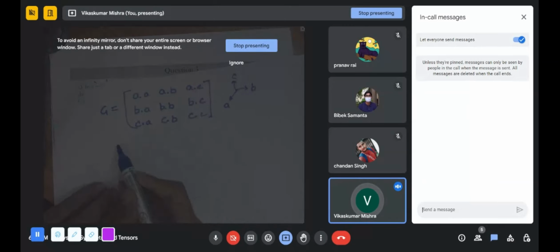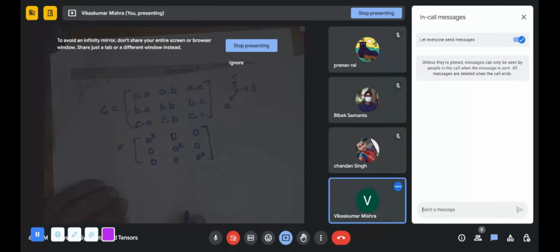So we can write A into A, that is A square, then 0, 0, 0. B into B is again A square, since they are equal. Then 0, 0, 0, and again A square.